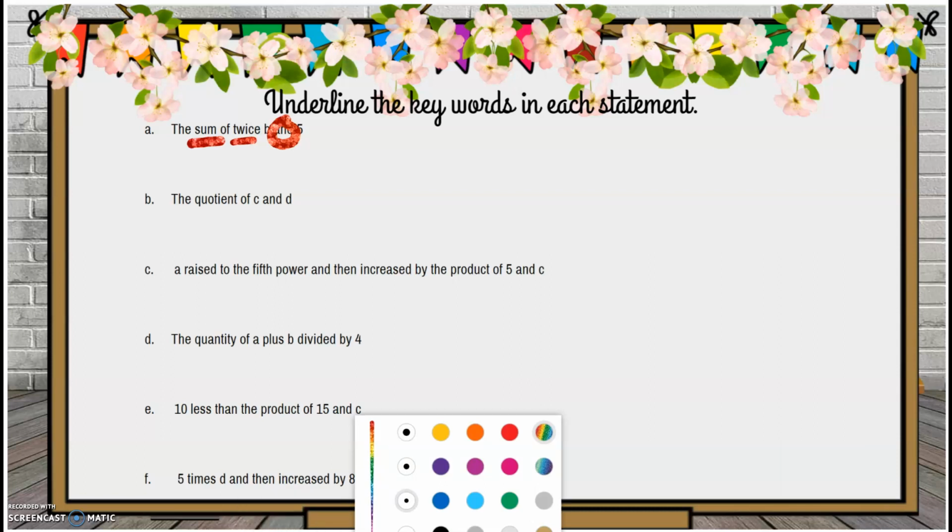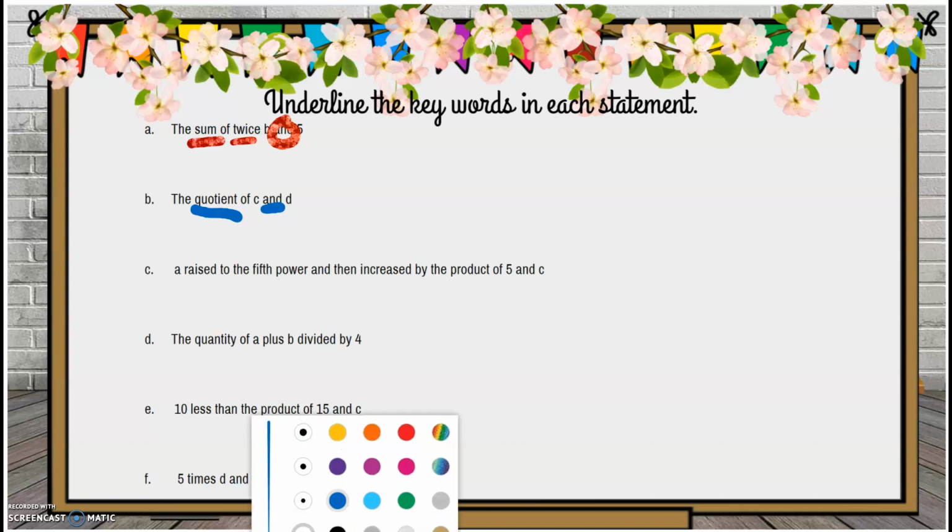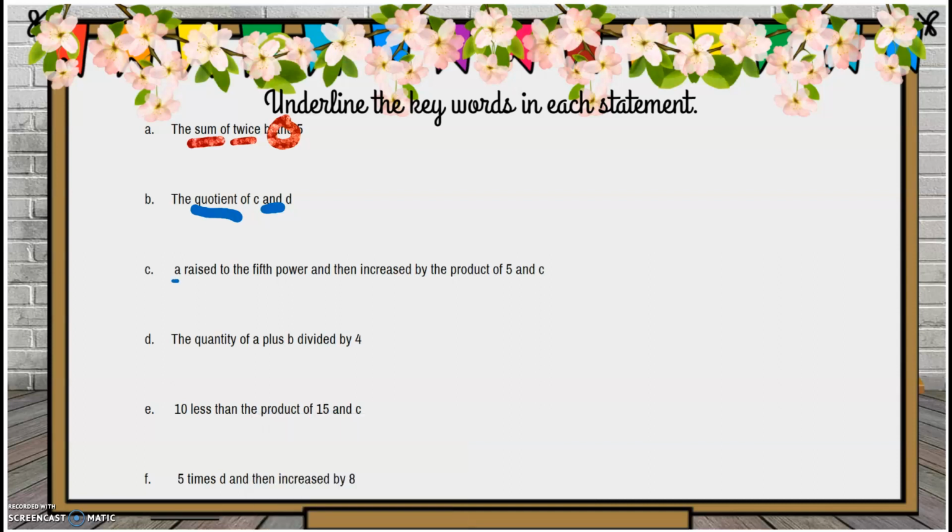The next one, letter B, says the quotient of C and D. So the quotient of C and D. The next one, letter C, says A is raised to the 5th power and then increased by the product of 5 and C. So the product of 5 and C.